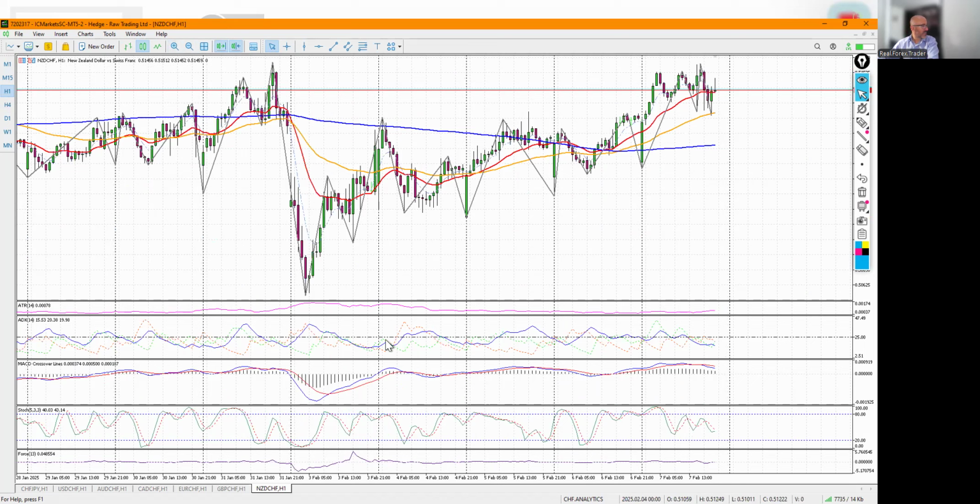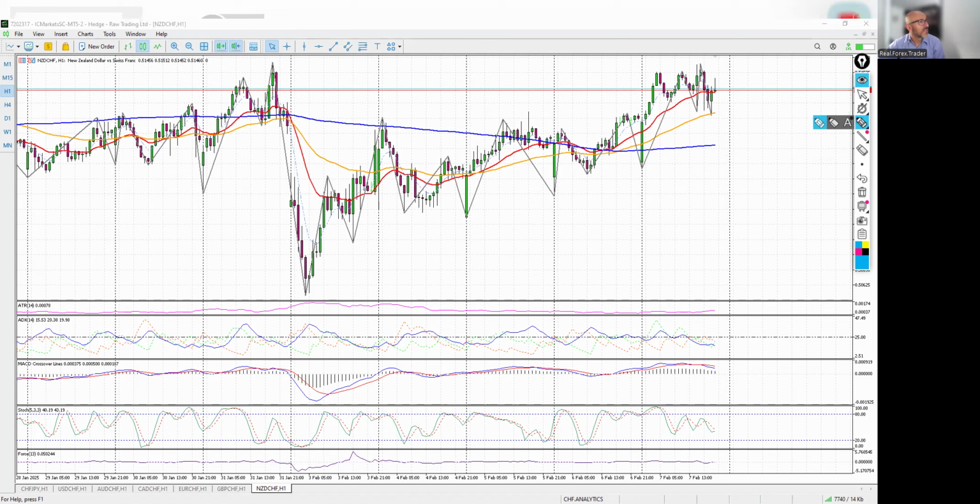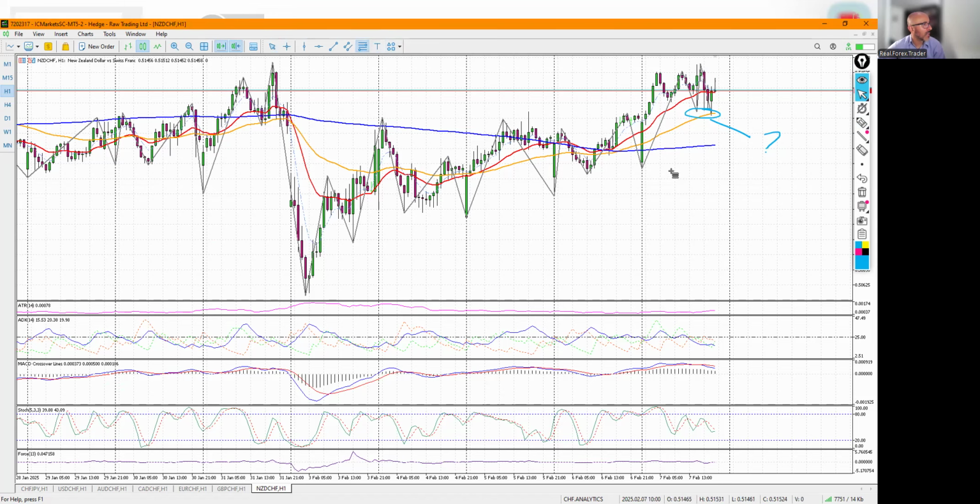So let's analyze New Zealand dollar, Swiss franc. What is the objective here? To determine if this area here is a Fibonacci support. So again, click on my tool and I'm going to draw it from bottom to top, right? And yes, I can see that exactly. Look at this, 50% Fibonacci level. So this is a good signal at the moment.